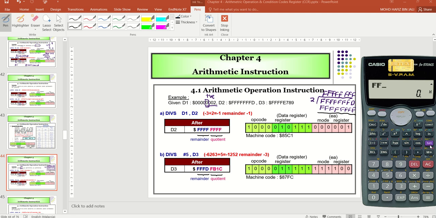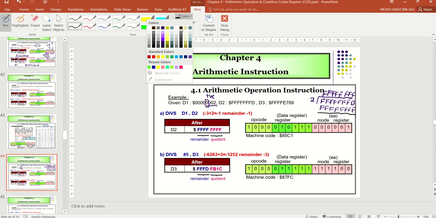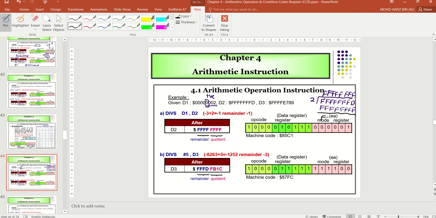F7F1234567 minus 1234567E. So we get the answer also all F, FFFF.